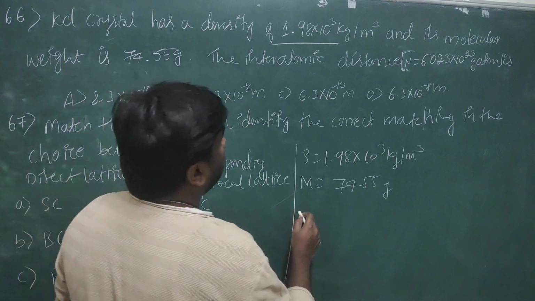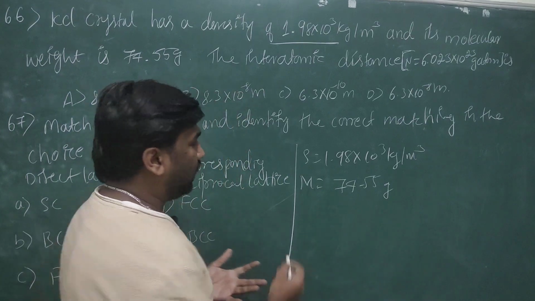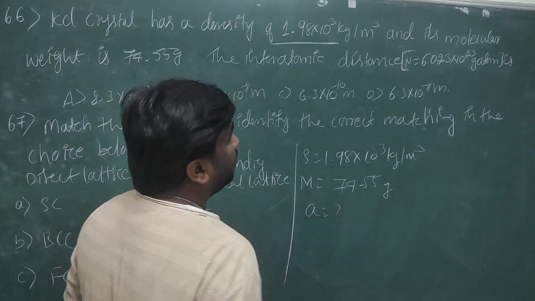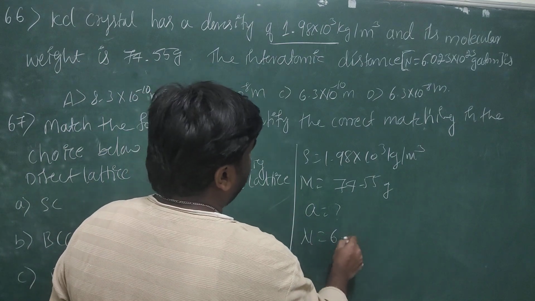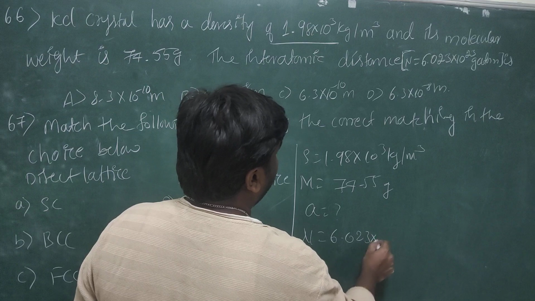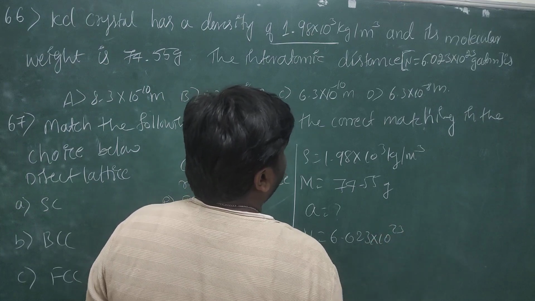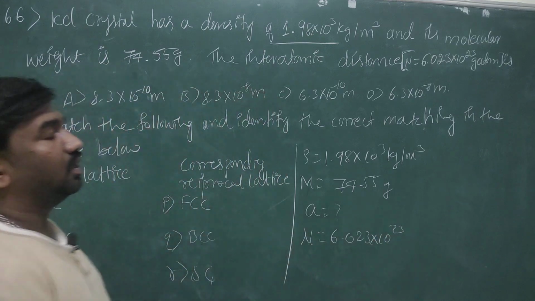So, the interatomic distance we are going to calculate. So, a you have to calculate, and the Avogadro number N is given. N is equal to 6.023 into 10 to the power of 23 per mole.